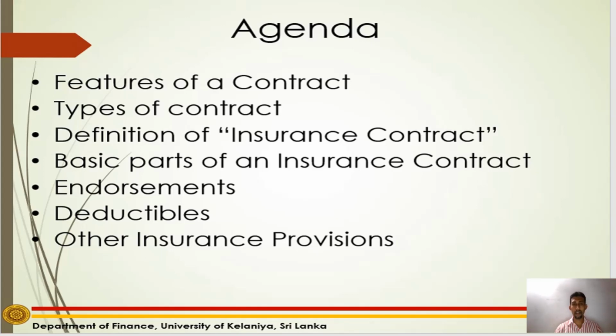First, we are going to understand what are the main features of a contract, and then types of a contract, and the definition of insurance contract, basic parts of an insurance contract, what is endorsements, what is deductibles, and what are other insurance provisions of a contract. So let's learn more about this.